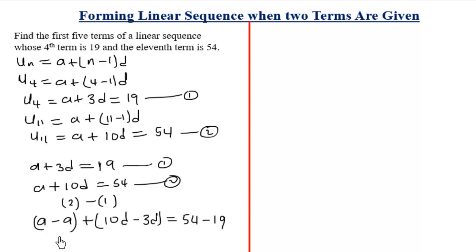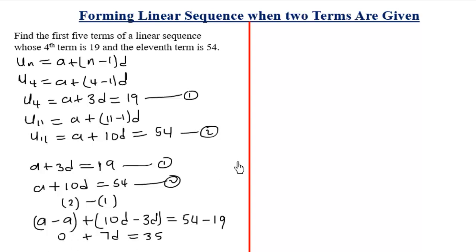Alright, so a minus a is 0. 10d minus 3d gives us 7d. 54 minus 19 is 35. So you can see that a is no more. It means I've eliminated a.